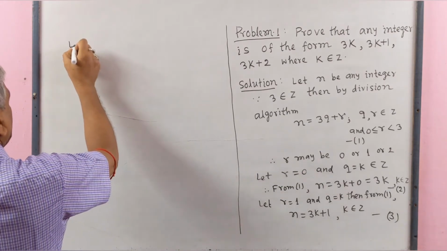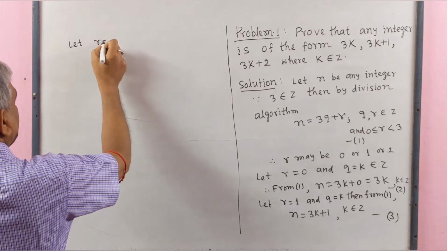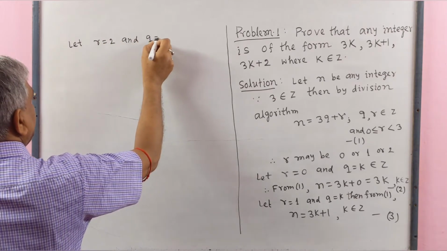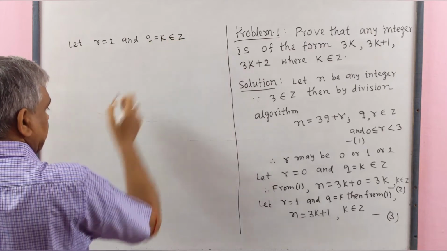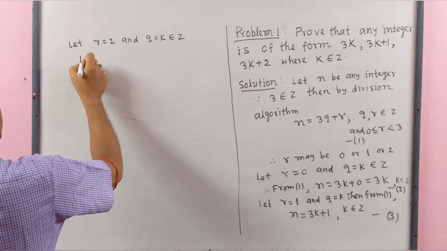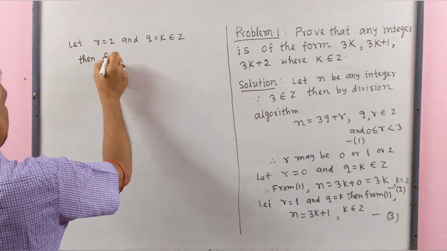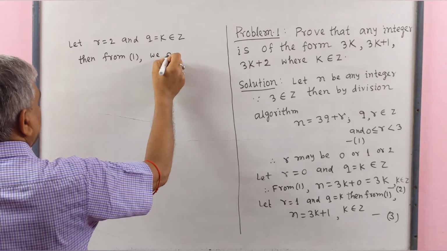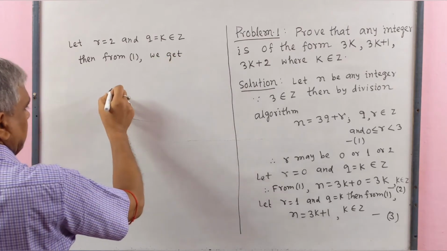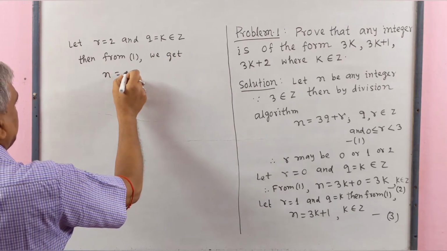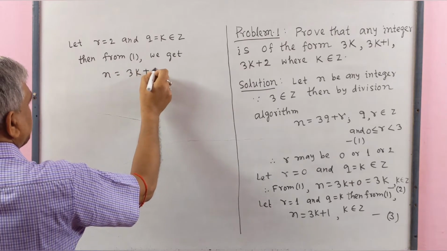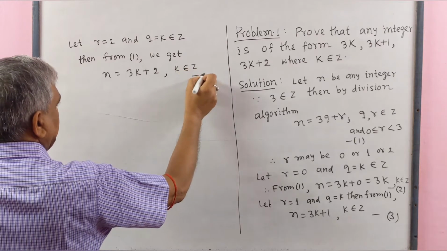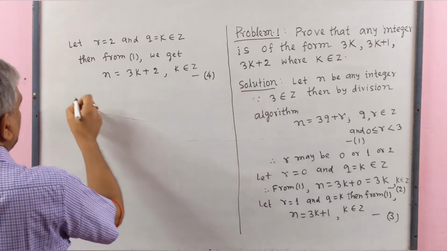Let r equal to 2 and q equal to k belongs to Z. Then from 1 we get n equal to 3k plus 2, k belongs to Z. This is number 4.